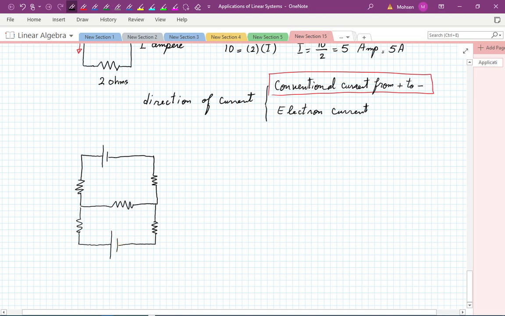So it's easy to think that some current is going to come here. Let's call it current number 1. And similarly here, some current is going to come and flow. Well, let's call that current number 2.